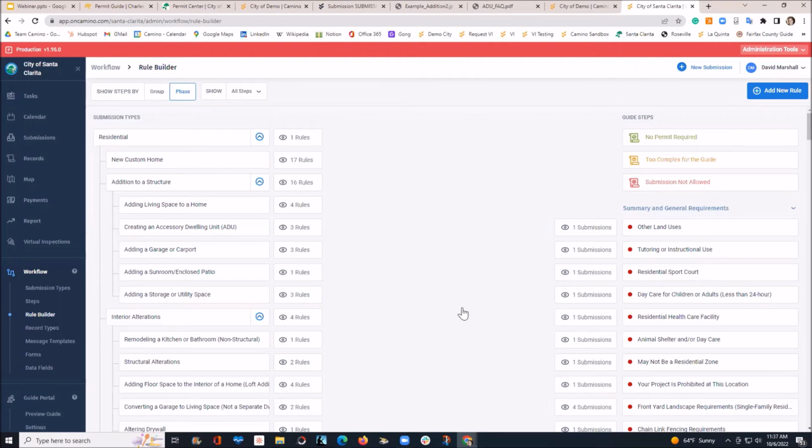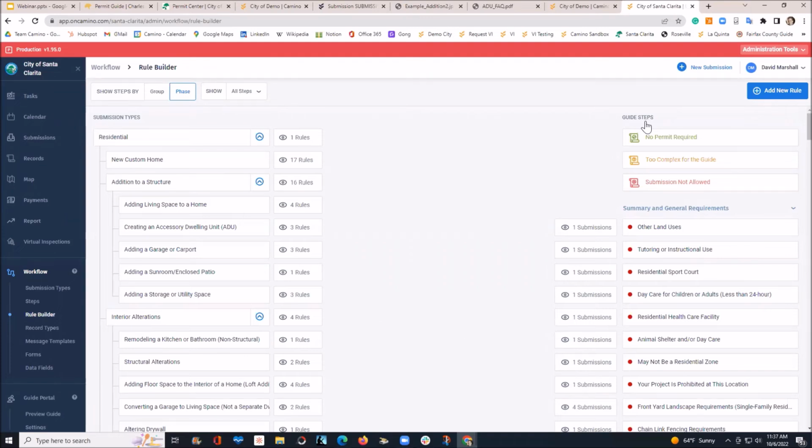So our guide is broken down into submission types and steps. And for informational only guides, steps are just information, right? If we were talking about an application portal, steps could be information or filling out a form or adding a document or paying a fee.